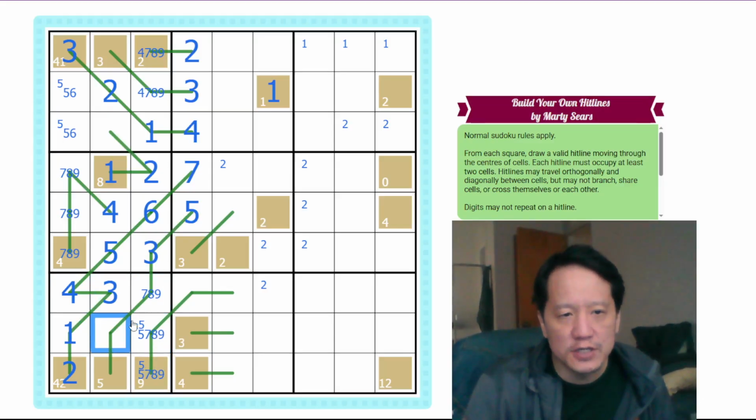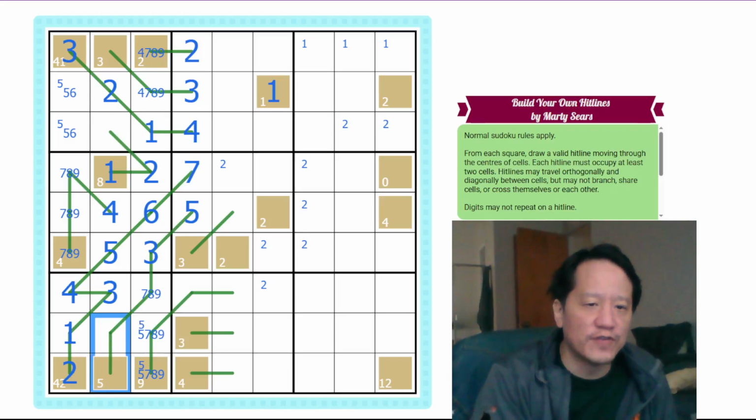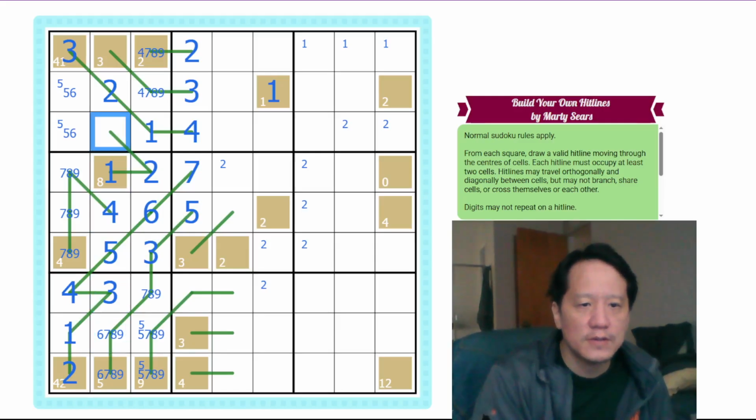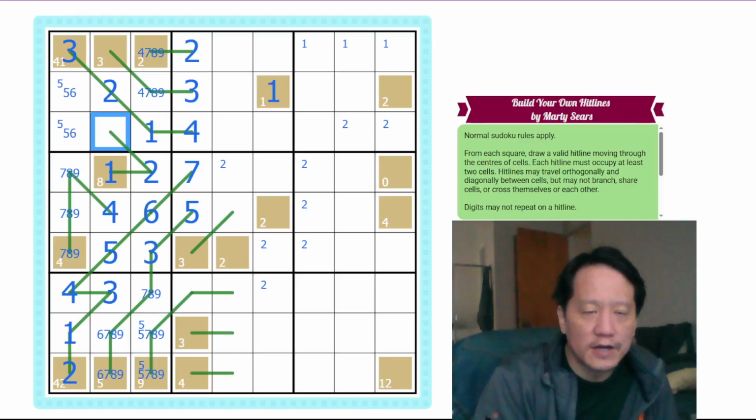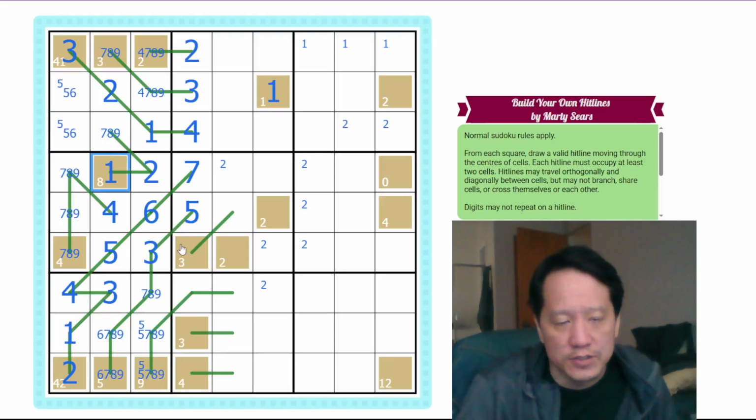So remaining digits in box 7 have to be 5, 6, 7, 8, 9. No 5 here because of 5 in the column. And this is 6, 7, 8, 9 also, but can't be 6 because of the 5, 6 pair in the box. Okay, so this is how it goes that way.